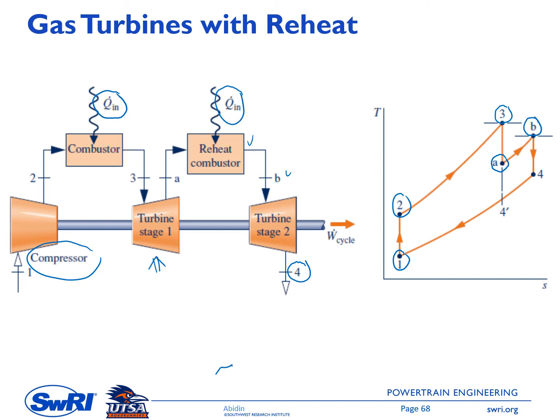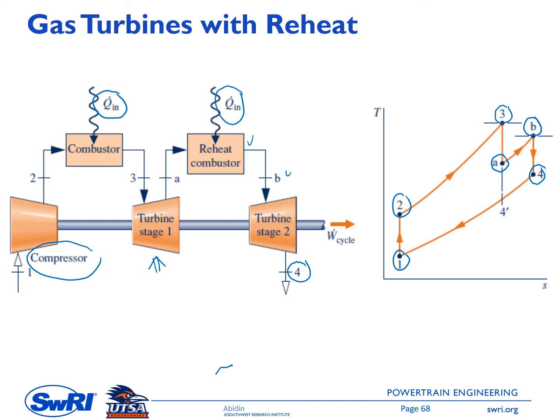Once it is reheated, the mixture is directed into turbine stage 2. And then there will be additional power inside turbine stage 2, and the mixture at the exit of the last turbine is state number 4.